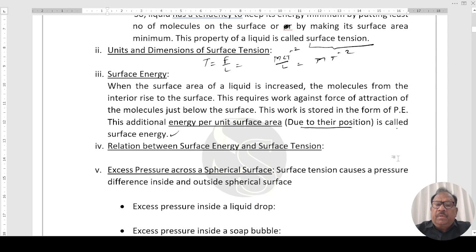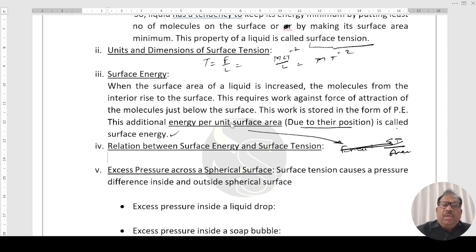So surface tension is energy per unit area, that is, surface energy.